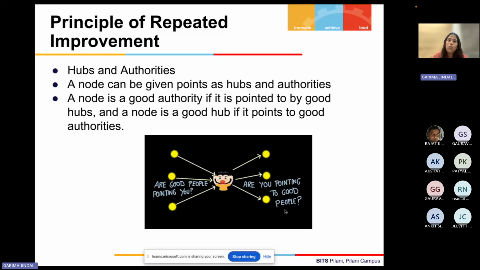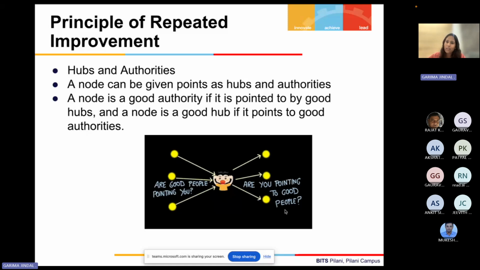Okay, so there are two aspects in the networks that can be quantified. The first one is, are you being pointed to by good nodes or good people? And the other one is, are you pointing to other good people? If you are pointing to good people, then you become good. Or in other words, if you are being pointed to by good people, then you become good.